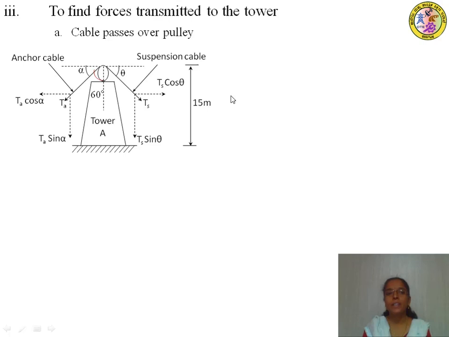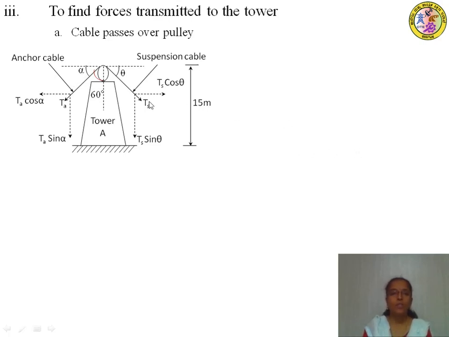In the problem it is given that the anchor cable is backstayed at an angle of 60 degree with respect to vertical. So therefore this angle is 60 degree. Okay, so we need to calculate alpha then. 90 minus 60 will be 30 degree, therefore alpha is 30 degrees.